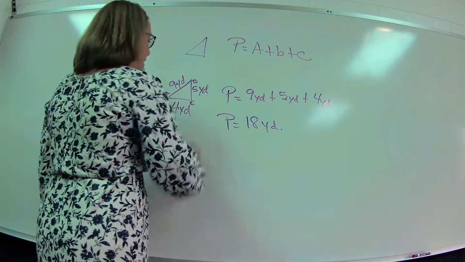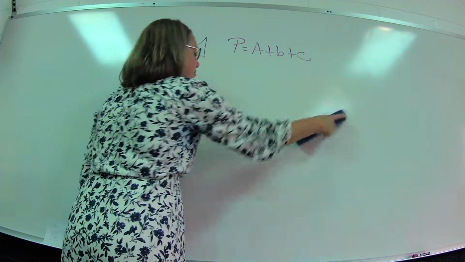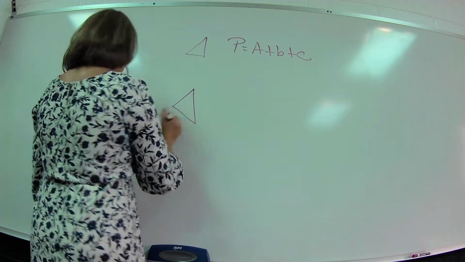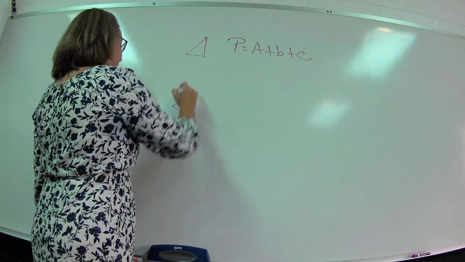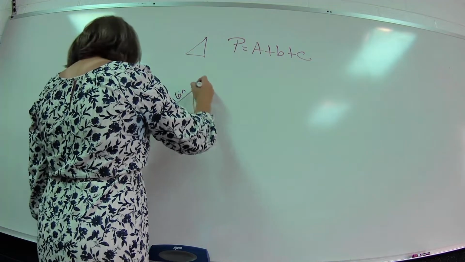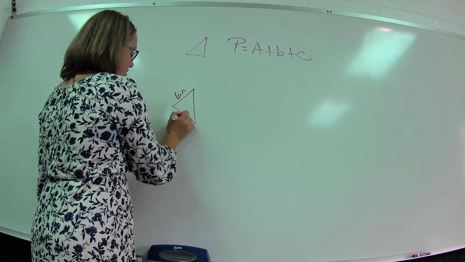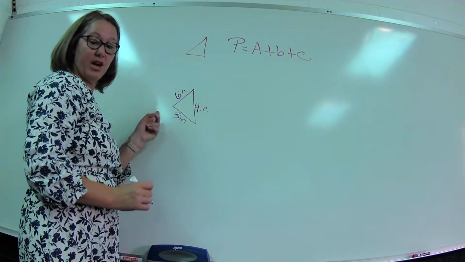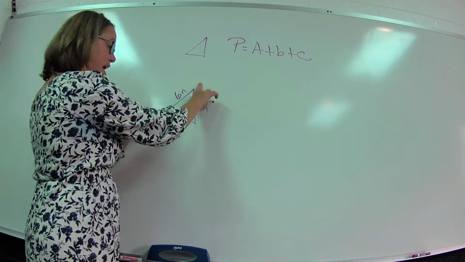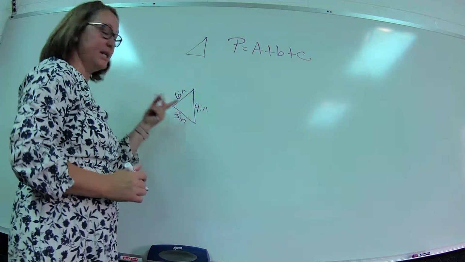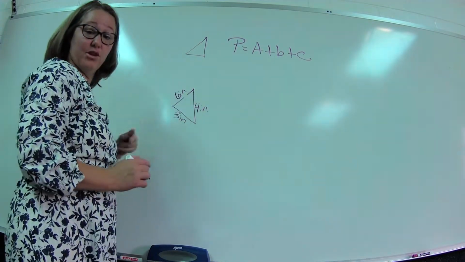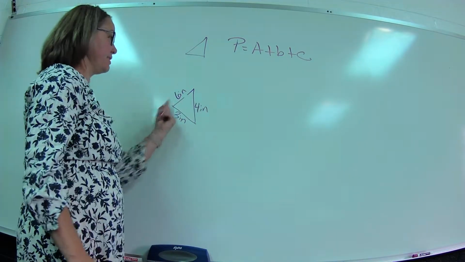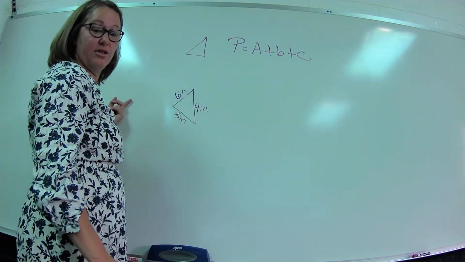All right, let's change the measurements. The formula is going to be the same. Let's go, I'll give you, let's say, here's a triangle. Let's say we have 6 inches, 3 inches, 4 inches. You do understand this isn't to scale as in with a ruler. This isn't exactly 6 inches. But I gave you the measurement that I want you to use. We're pretending that this triangle that I drew up here is 6 inches, 4 inches, 3 inches.